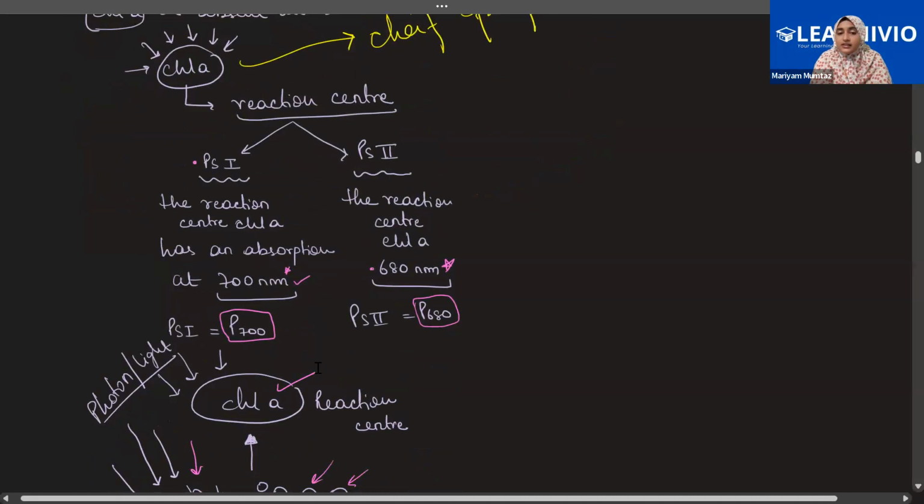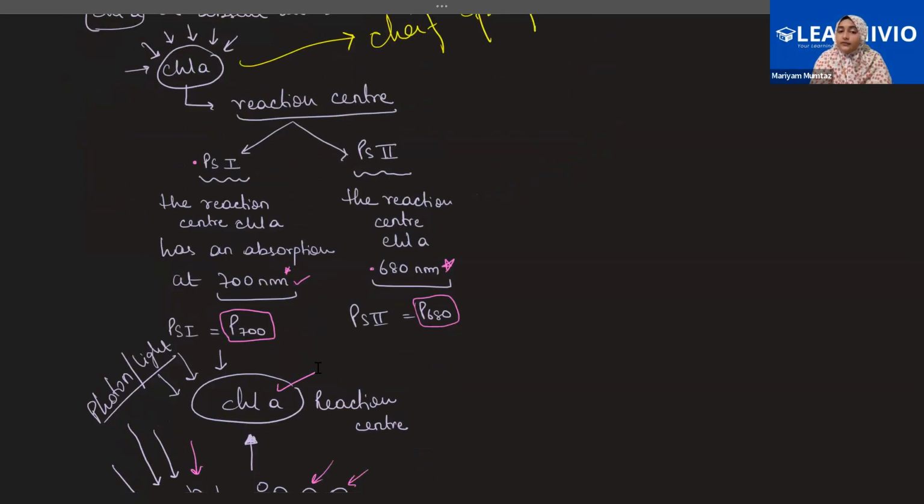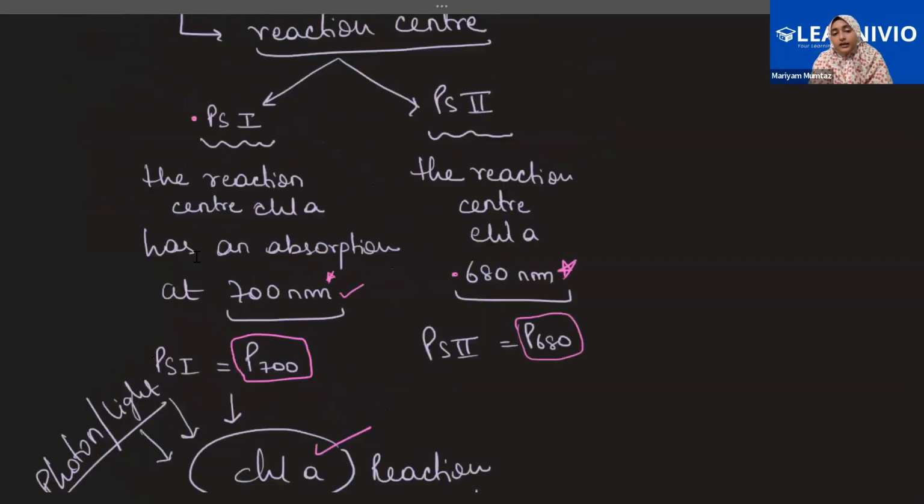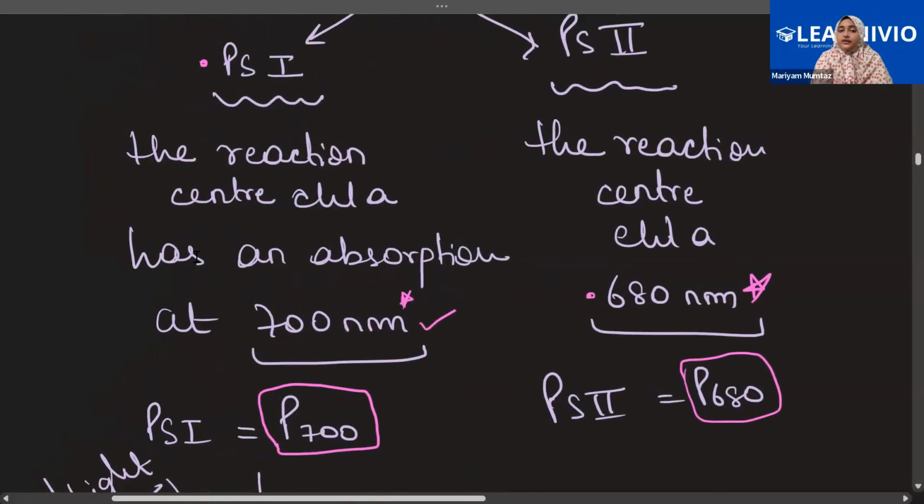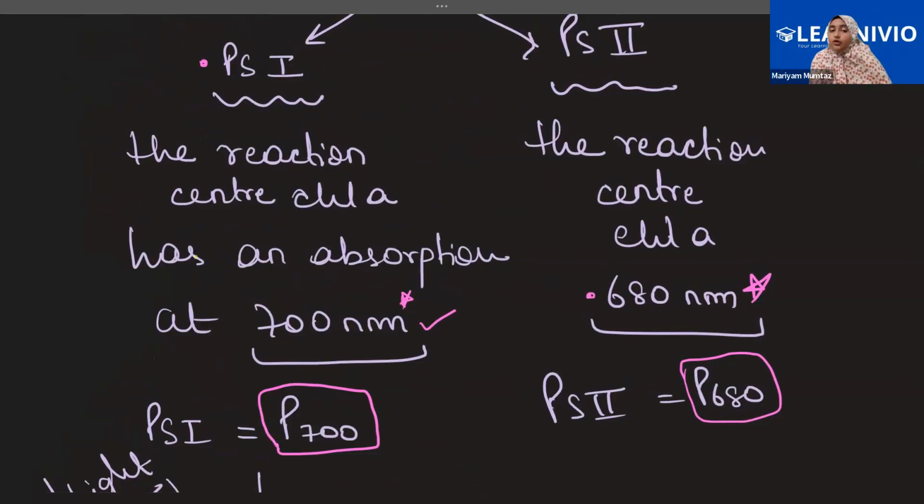All right, now talking about the reaction center. Let us see what is the difference between photosystem 1 and photosystem 2. Talking about photosystem 1, the chlorophyll A molecule of photosystem 1 has an absorption at 700 nanometer, meaning it will get activated only when 700 nanometer wavelength of light is incident on it.